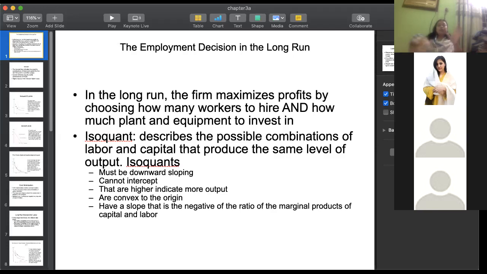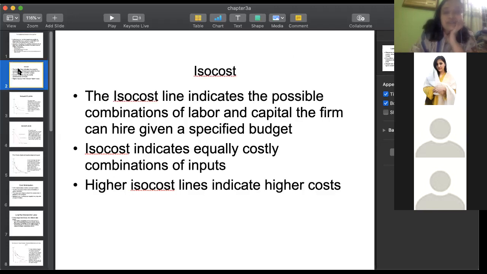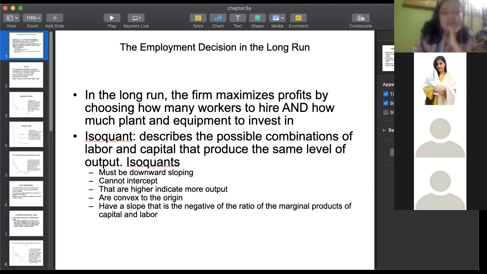Okay, I know there are so many things I have listed over here, but let's go one by one. So before going to isocost, let's just look into isoquant a little bit.